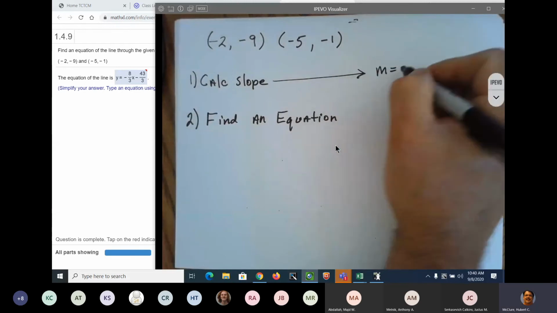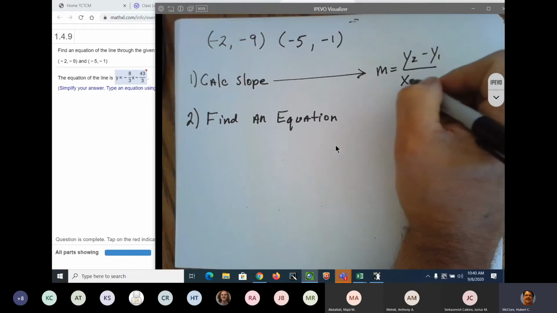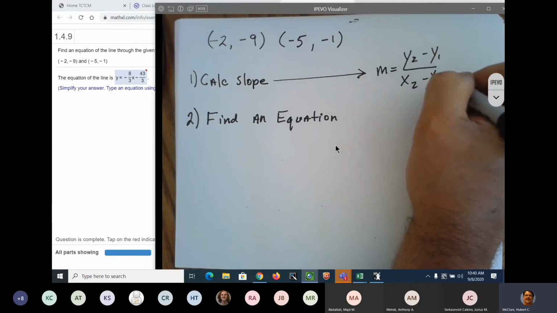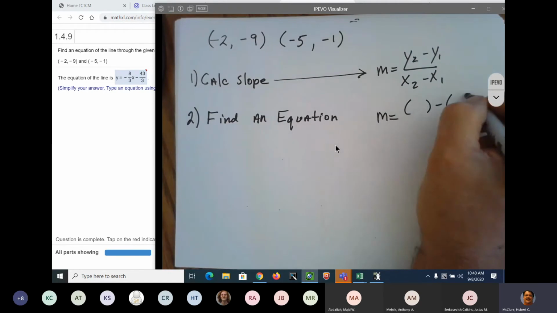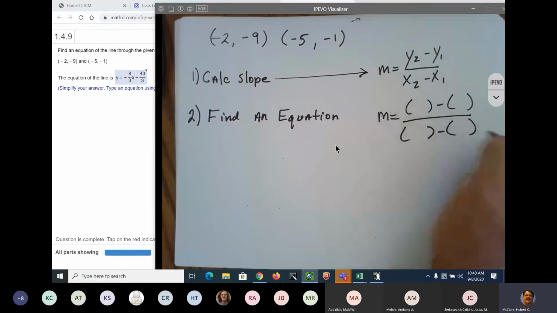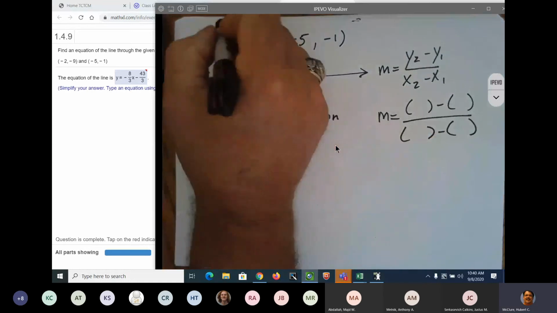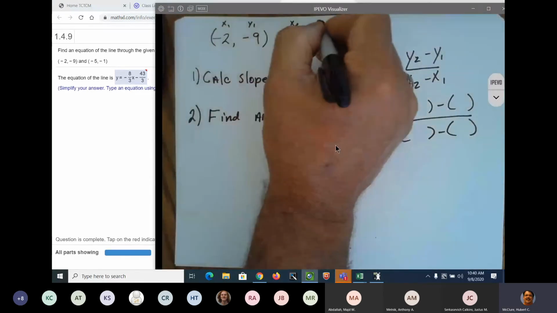So to calculate the slope, m is equal to y sub 2 minus y sub 1 over x sub 2 minus x sub 1, which is equal to parentheses minus parentheses over parentheses minus parentheses. Which way do we read? Left to right. X sub 1, y sub 1, x sub 2, y sub 2.